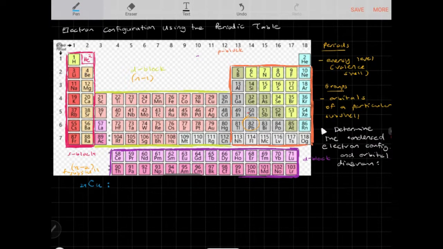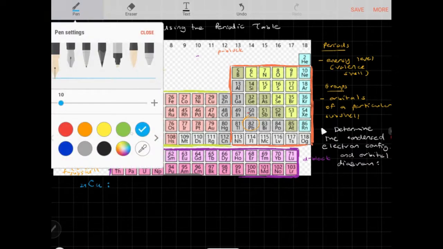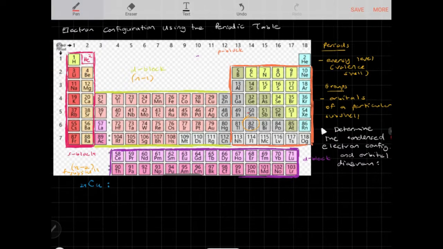Alright, let's take a look at the electron configuration of copper. And the reason I'm looking at copper is because this actually demonstrates a prominent exception, right? So we would expect the electron configuration of copper here. I'm just going to use the condensed method. So if we're looking at copper, then we're going to be using the previous noble gas argon.